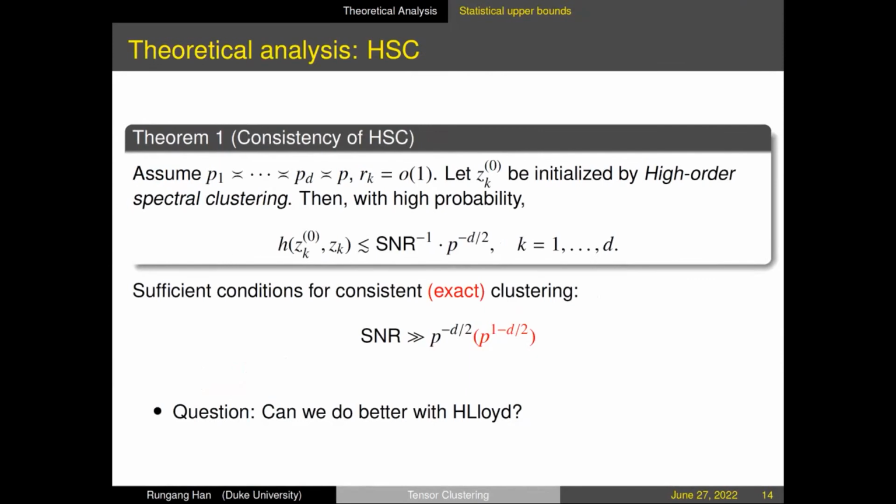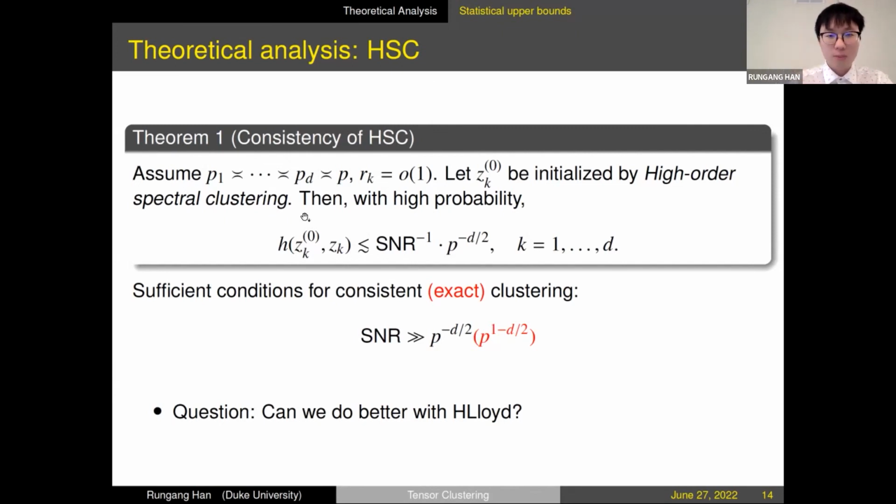That's a very good question. We also thought that maybe the high-order clustering already achieves the optimality, but if we directly analyze the bound from the HAC, we can only obtain a polynomial dependence on the SNR.